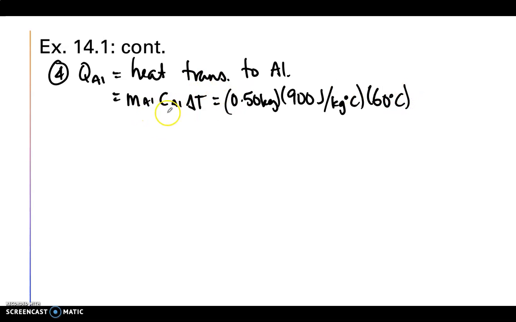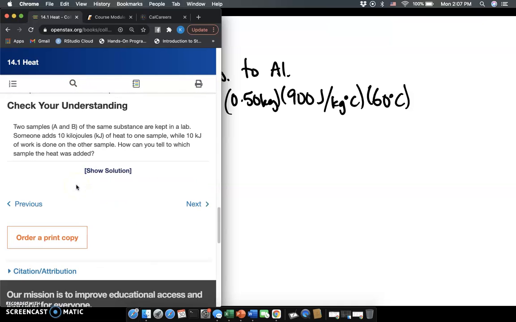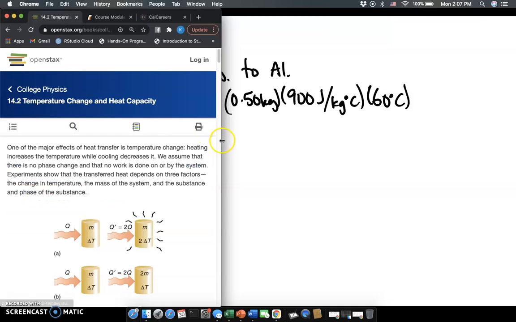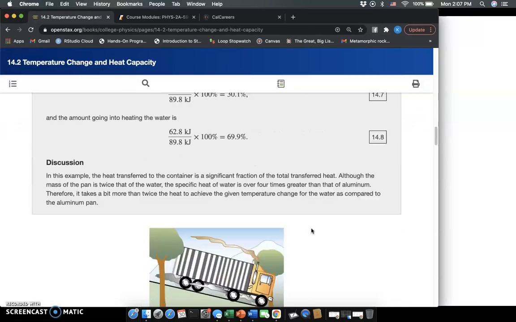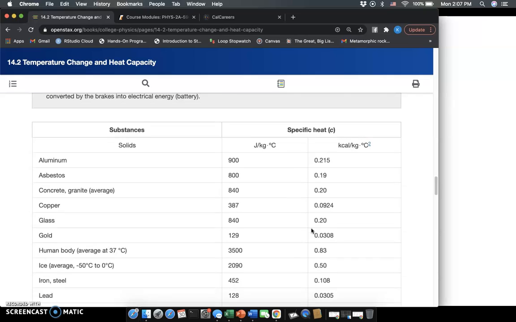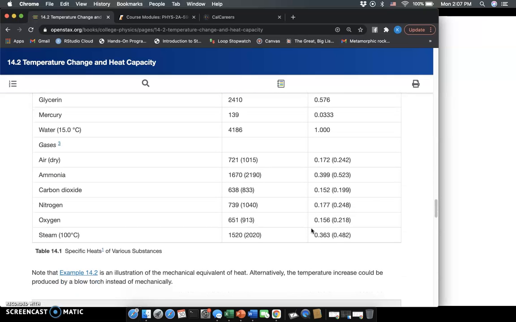Okay, so let me show you where we find this specific heat. So this is section 1. Here. Okay, so this is table 14.1.